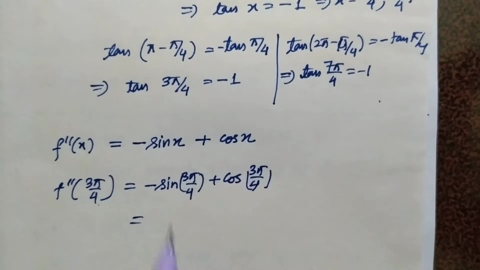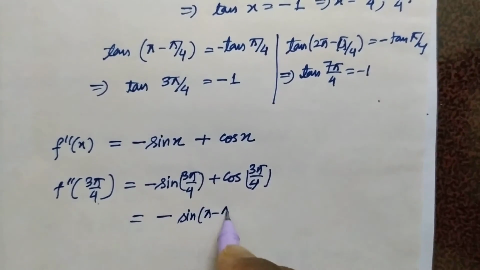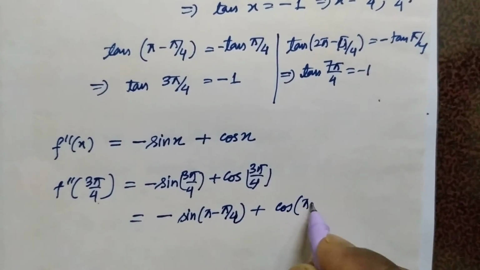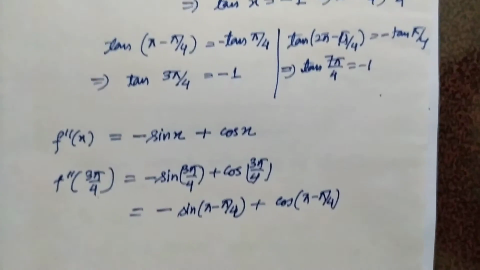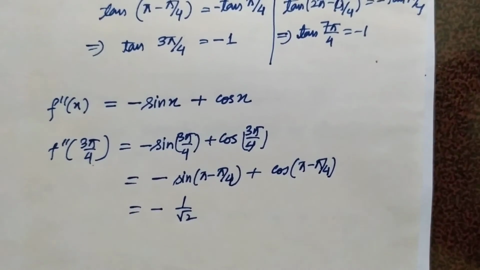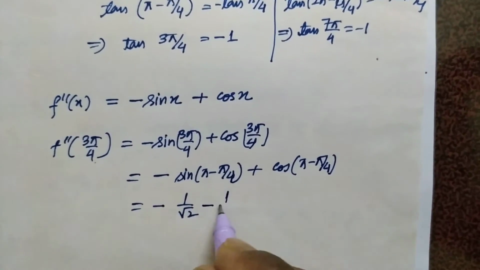We know that in the second quadrant sin is positive. So this is pi minus pi by 4 plus cos of pi minus pi by 4. In this case minus 1 by root 2, because in the second quadrant cos is negative, so minus 1 by root 2.